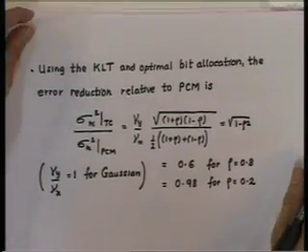Now, the goal of the optimal orthonormal transform is to maximize the ratio of the arithmetic mean of the variances of the transform coefficients to their geometric mean.